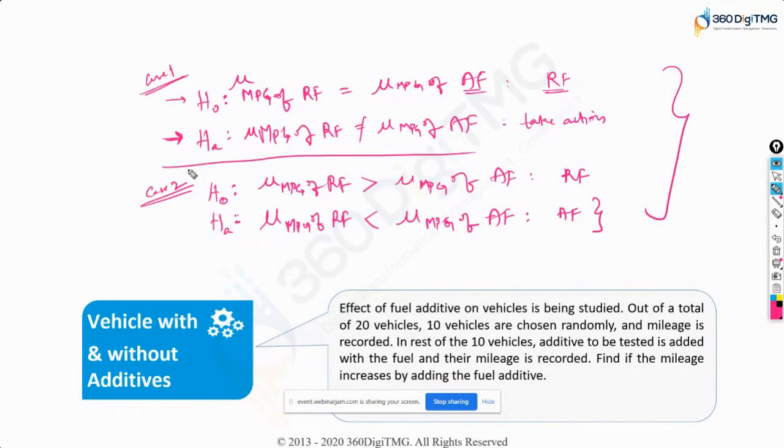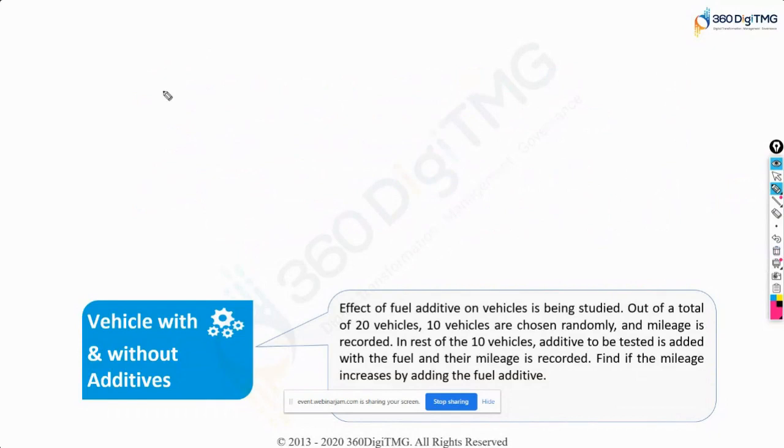All right, so we framed the statements here. Now we need to look into the data, right? We are collecting the mileages. Remember, we are trying to evaluate the mileage, so I'm saying miles per gallon, right? This value is continuous, right?